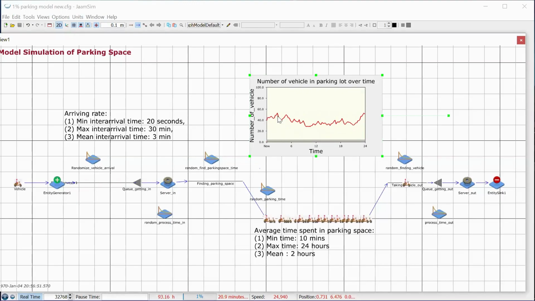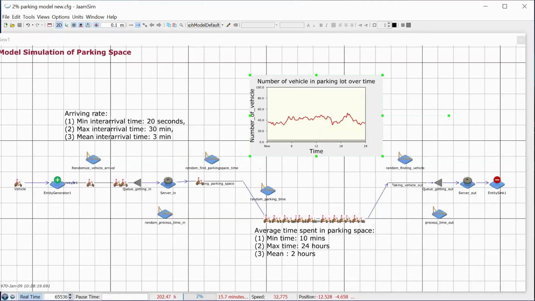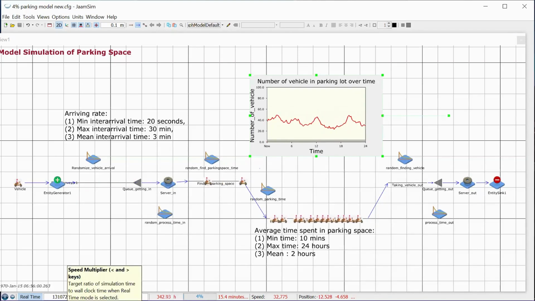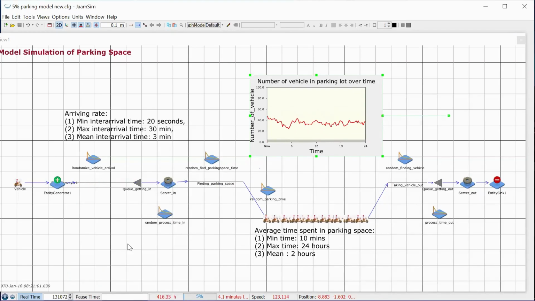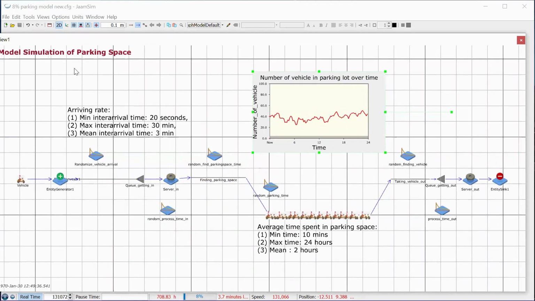However, the graph rarely or almost never goes over 60 vehicles in the parking lot. So we can safely assume that 60 is the optimized number for this arrival time and this parking lot.